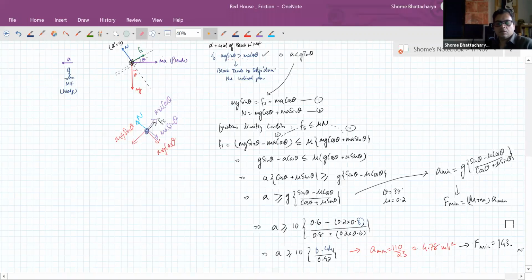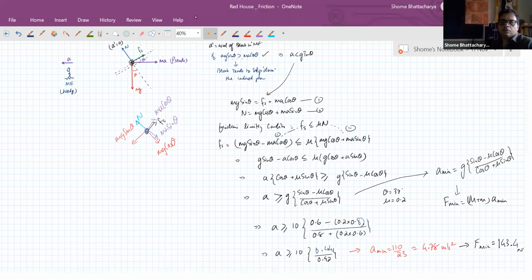You can just leave this at first place of decimal. Okay, so this is the minimum amount of acceleration or force we need to provide.